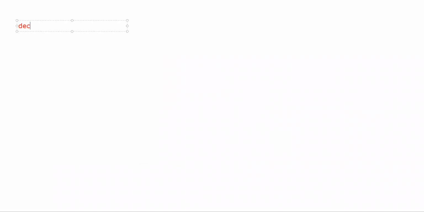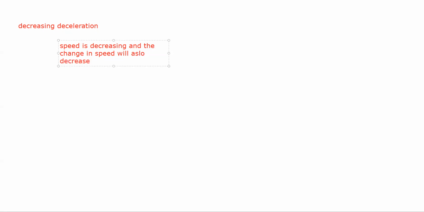Decreasing acceleration, decreasing deceleration. So the speed is decreasing, and the change in speed will also decrease.